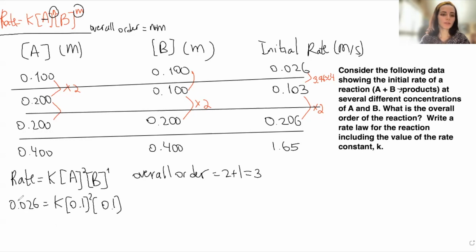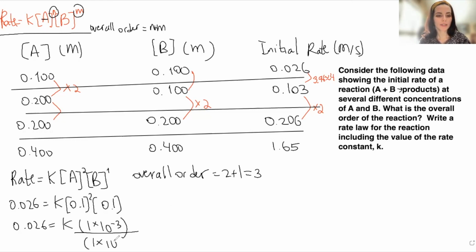So let's just solve this real quick. So we get 0.026 is equal to K times 0.1 squared times 0.1, which is equal to 1 times 10 to the power of -3. And now we just have to divide both sides by that so that we could find our rate constant.